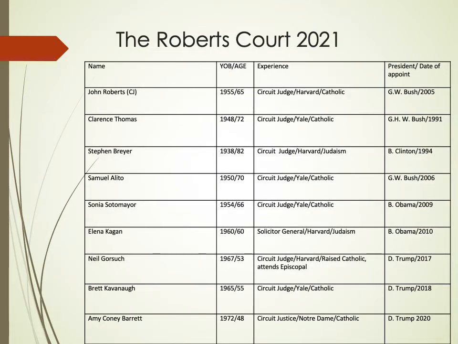This table here shows you the actual people on the Roberts Court, their name, their age and date of birth, their experience, and then the president that nominated them and the date of their appointment. Now, this is listed in terms of seniority. The most senior member of the court is the Chief Justice.